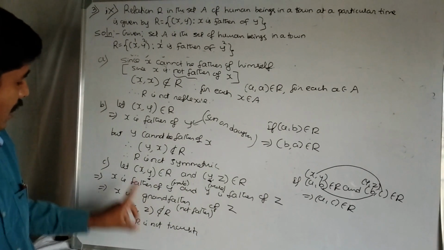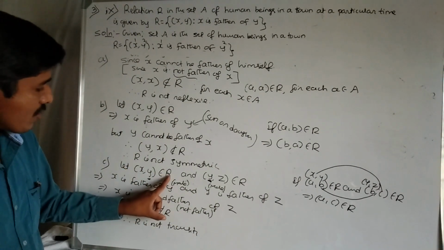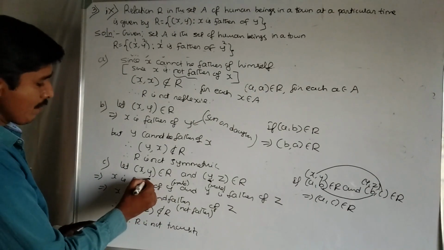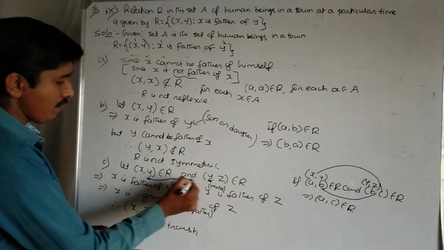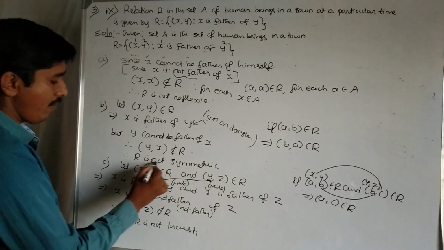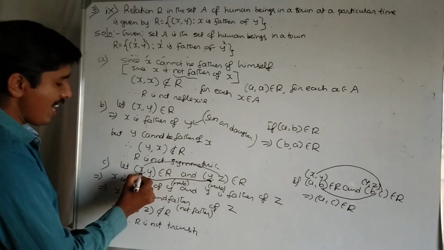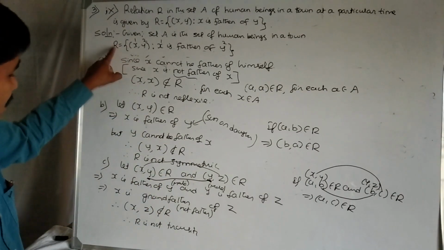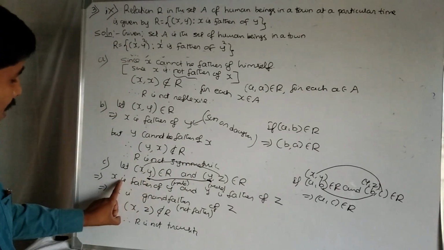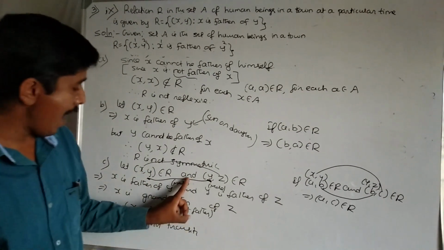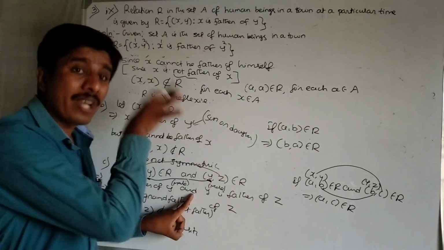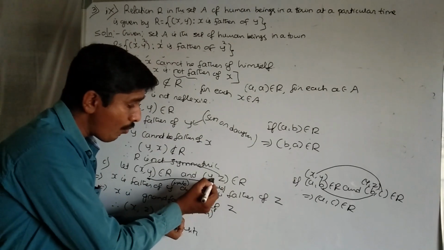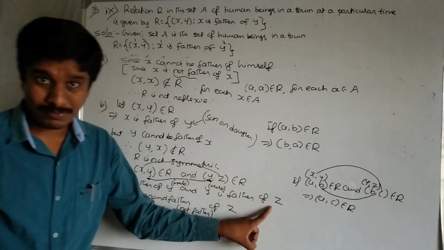Next, transitive. Let x comma y belong to the relation and y comma z belong to the relation. Clearly the second element of the first ordered pair equals the first element of the second ordered pair. Then verify the relation between x and z. X is father of y, and y is father of z.